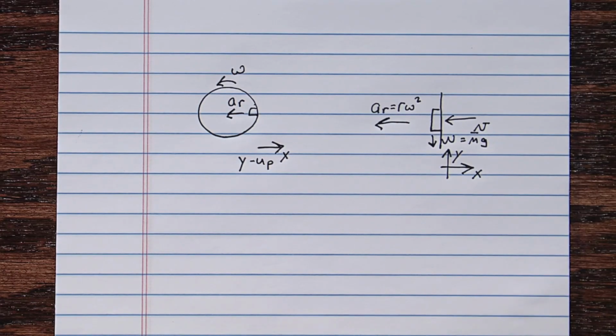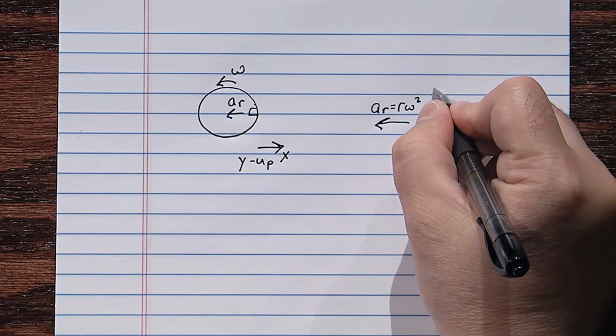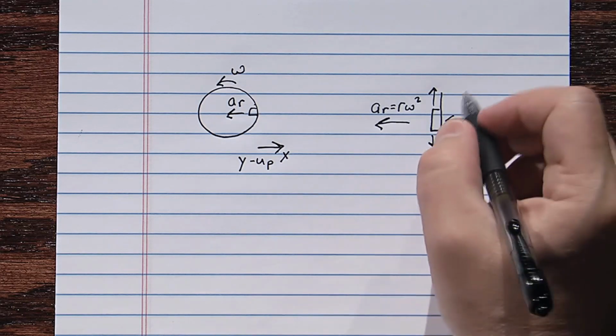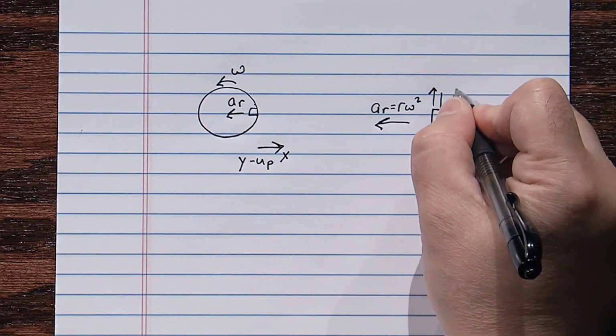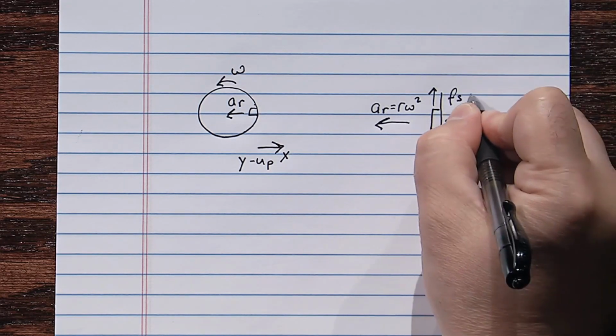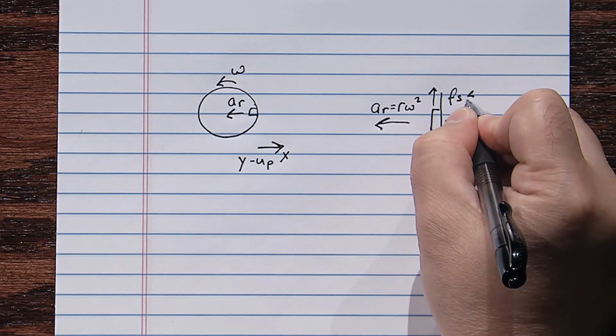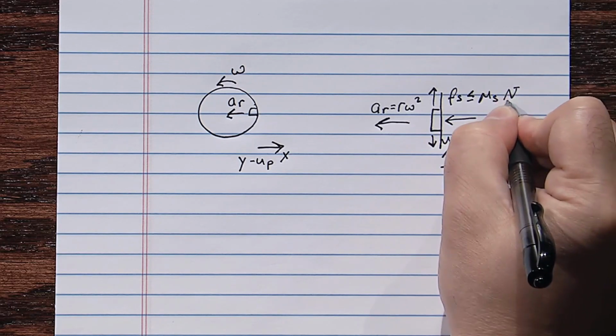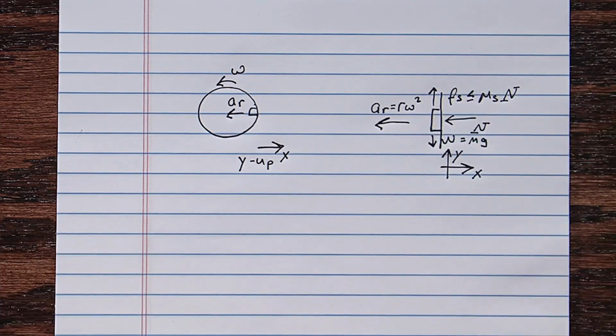And the third being the friction force, the static friction force, which is opposing the weight. The static friction force is what's keeping the person from sliding down the wall. And we know that the static friction force is less than or equal to mu static times the normal force. And those are our three forces acting on the person.